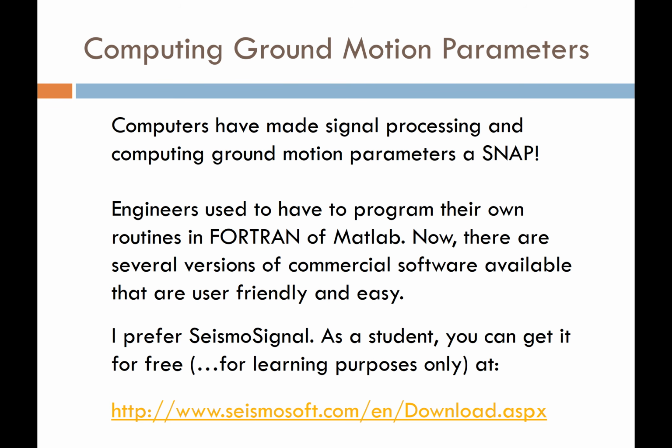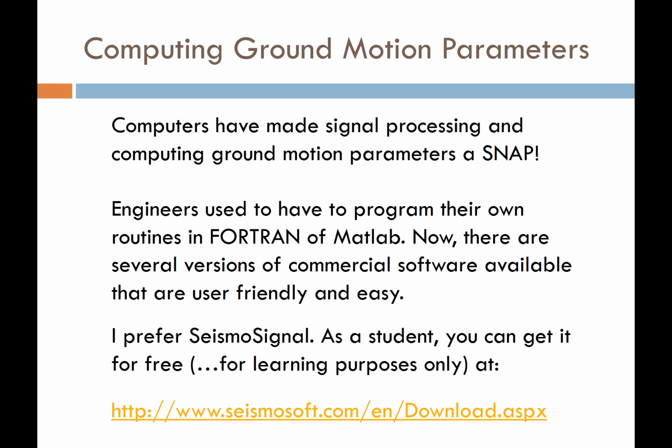Okay, so wrapping things up, how do we compute all these different ground motion parameters? We can get a time history record, but how in the world do we compute cumulative absolute velocity or Arias intensity? That seems like it could be a real chore to develop and code a way to compute these different parameters, and it is a pain.